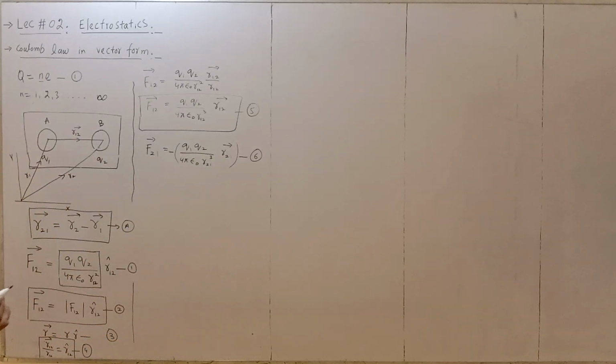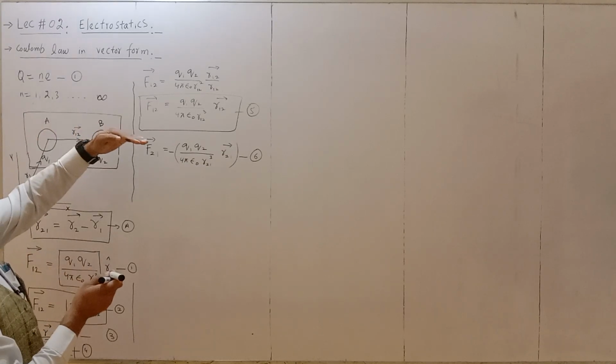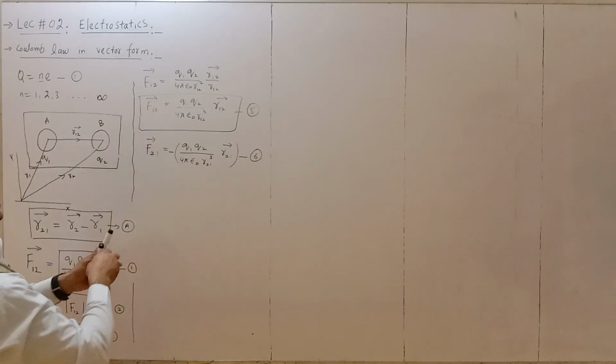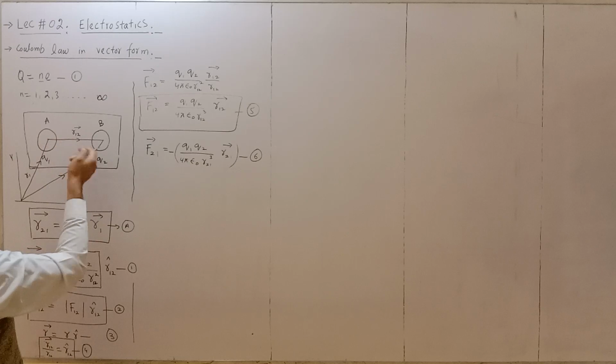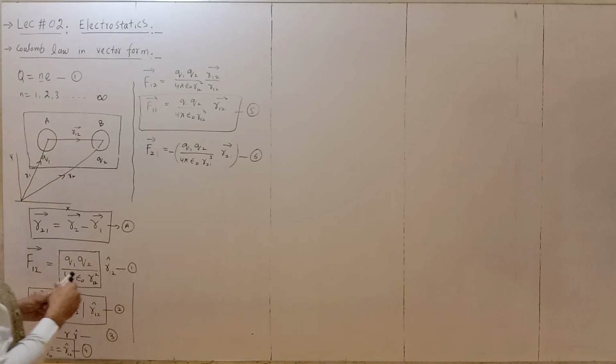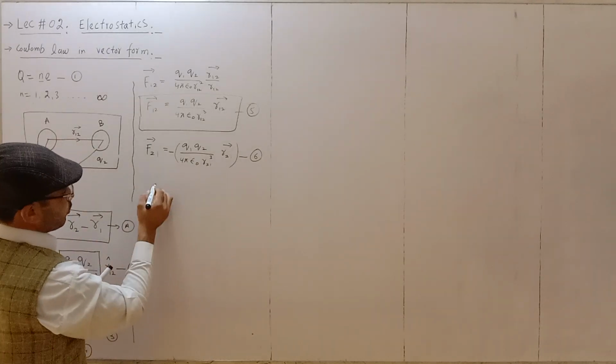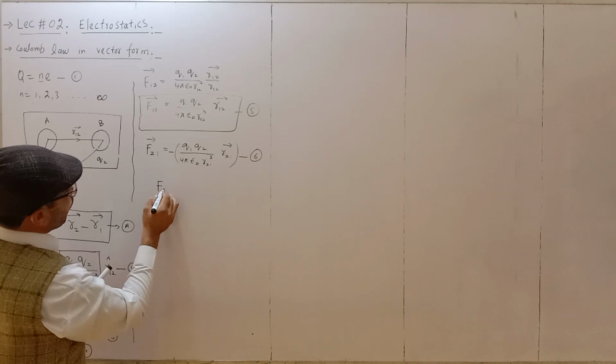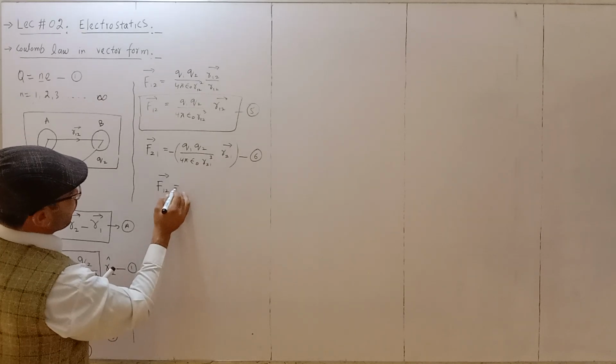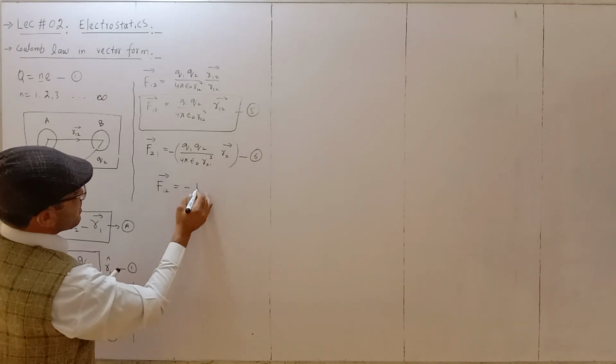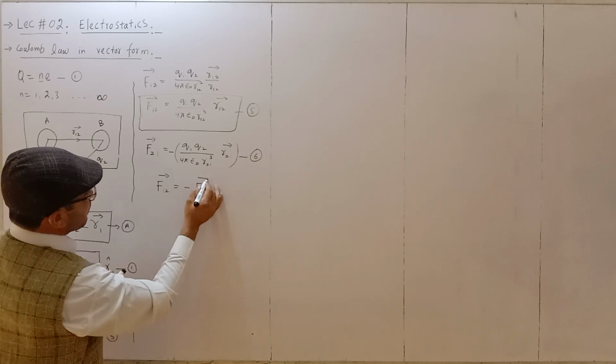Why minus? Because of action and reaction: if the direction of F12 is along x positive, the direction of F21 will be along x negative, and I will write according to the third law, F12 vector is equal to minus of F21.